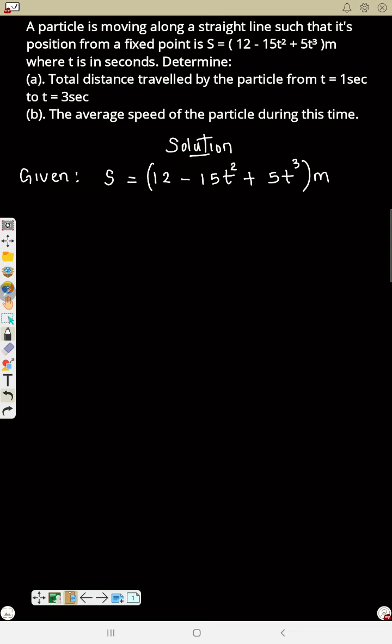Also, the time is in seconds. Now, before the A, we have the time interval. The time interval is t = 1 second to t = 3 seconds.